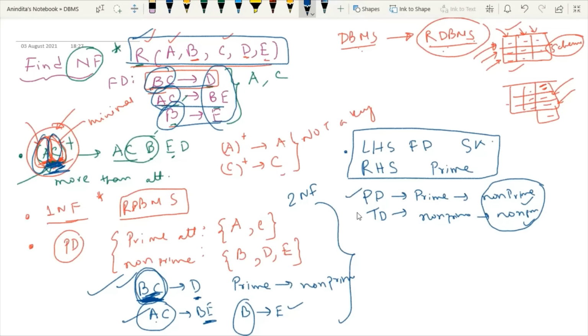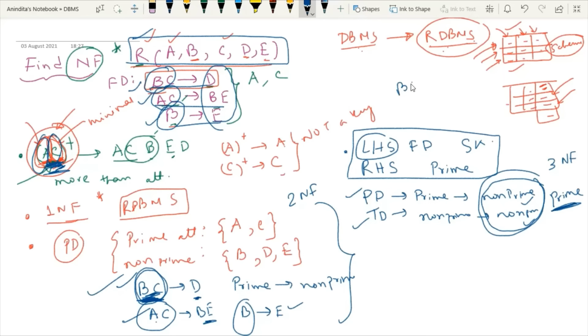Partial dependency and transitive dependency are both bad. So to be in 3NF, if your RHS is prime, then it is in 3NF, or else the LHS of the functional dependency should be a super key. So please make a note.